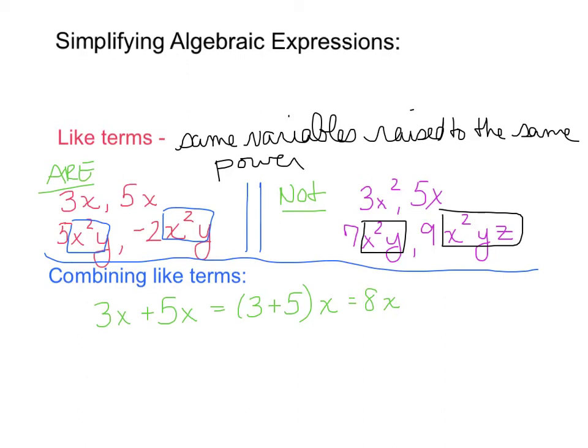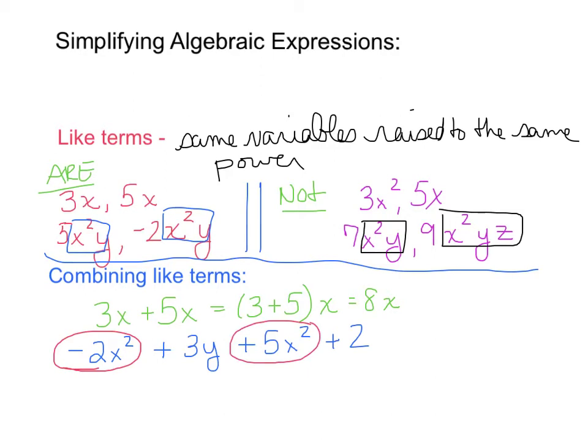What if I have negative 2x squared plus 3y plus 5x squared plus 2? I need to figure out where the like terms are. So my first thing is to underline or somehow circle them. I've got the negative 2x squared and I've got the 5x squared.